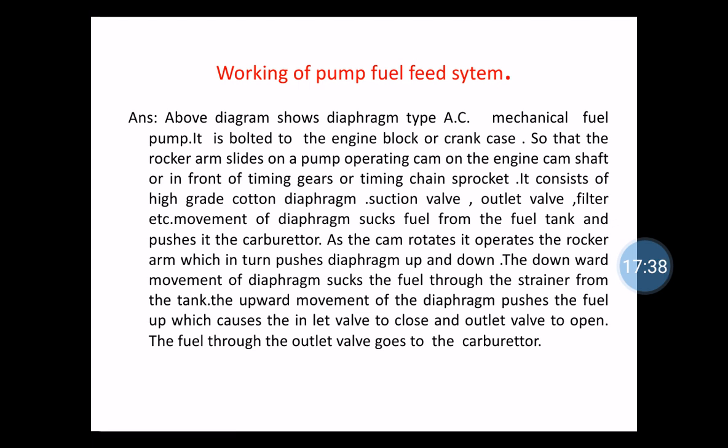When the diaphragm moves in the upward direction, the suction valve closes, and with the continuous movement of the diaphragm, pressure builds inside the chamber. When it reaches a certain limit, it opens the pressure valve and the pressurized fuel goes to the carburetor. So this is how the mechanical pump works.